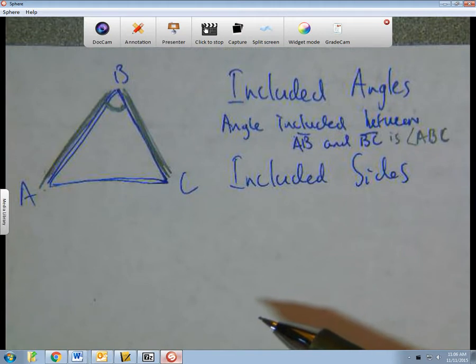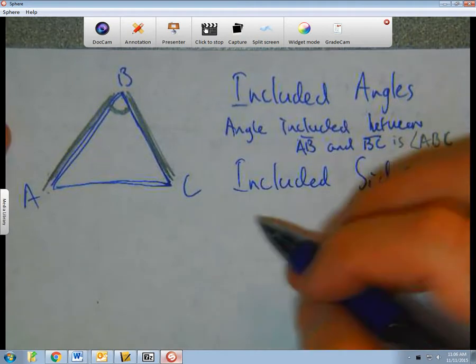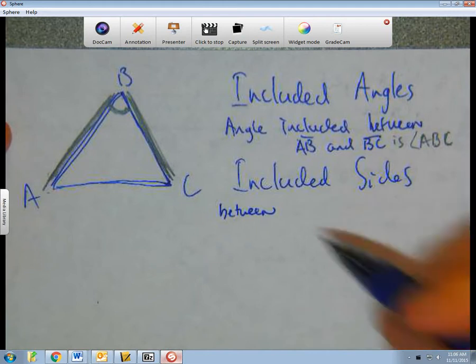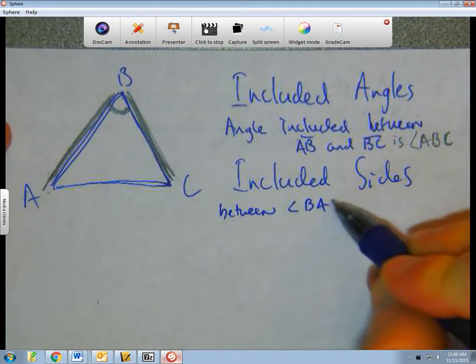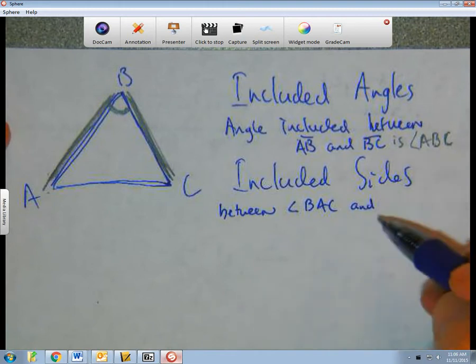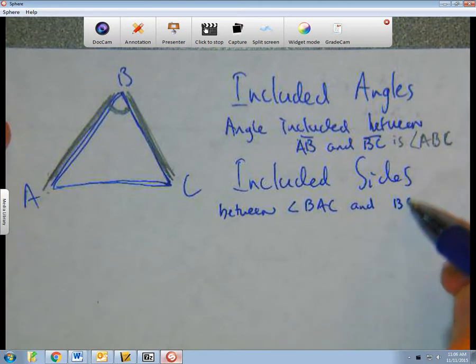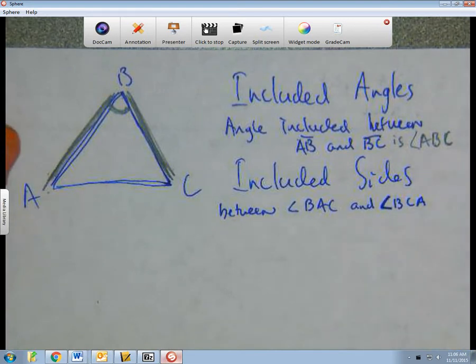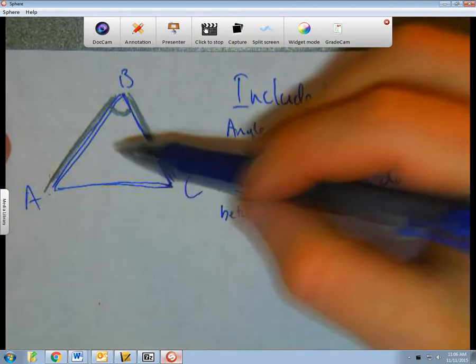So included sides. So let's say we want the sides included between angle BAC and BCA. Okay, so again, I'm going to ask you to draw this stuff on the picture.